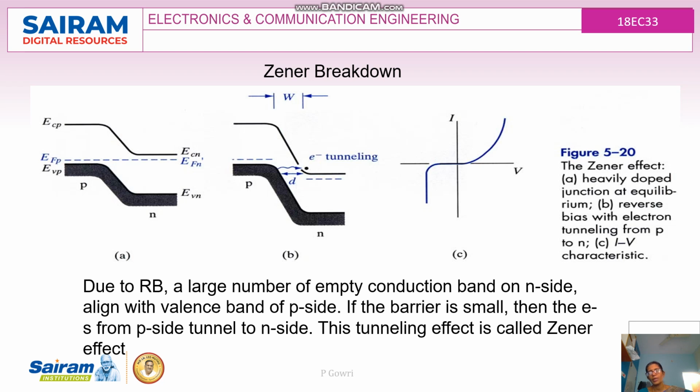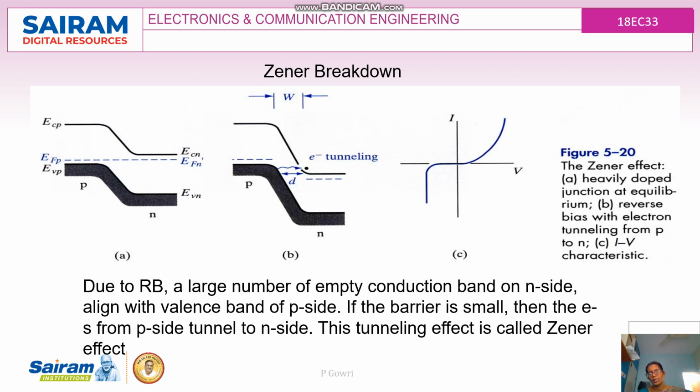So the potential barrier, the depletion region, will be narrow for a heavily doped region, and the electrons will have enough space to move to the conduction band in case of this Zener breakdown. So even in the reverse bias, there will be a sudden increase in the current due to the tunneling phenomenon.